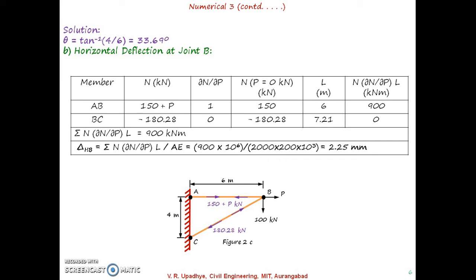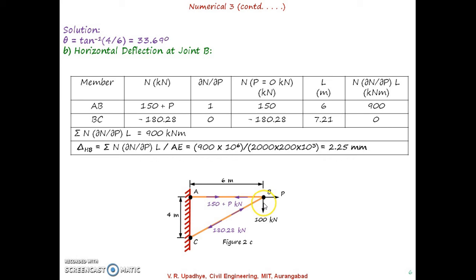So if we go for the further analysis, then for the horizontal deflection at joint B, considering the method of joints and considering joint B, we can calculate the internal member forces in members BC and BA. As we have done earlier, initially we will consider summation Fy equal to 0 at joint B, so that we will be in a position to calculate the internal member force in member BC.